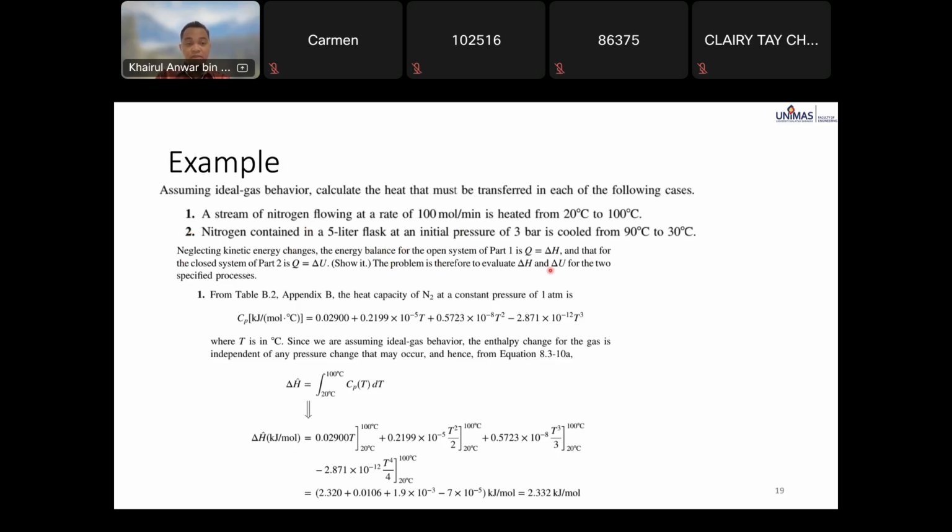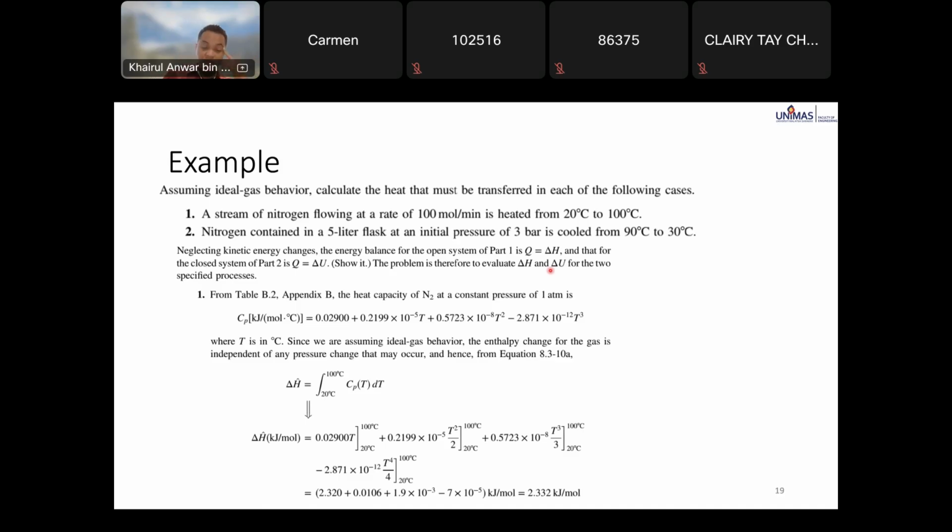From table B2, appendix B, the heat capacity of nitrogen at constant pressure of 1 atm is, okay, this is referred to table B2 for Cp. Nitrogen is on page 637, the first row.